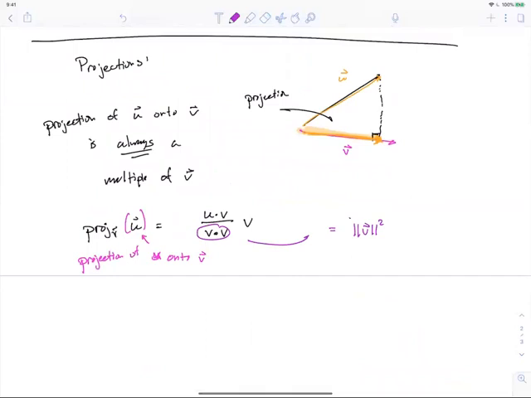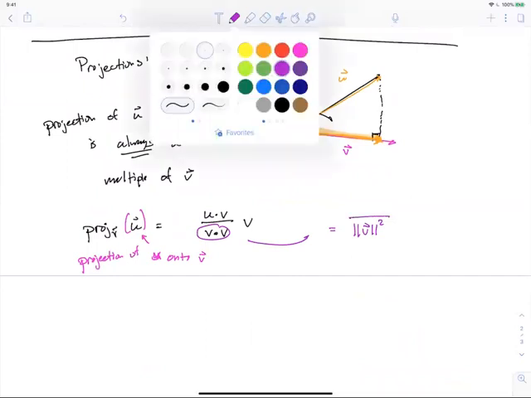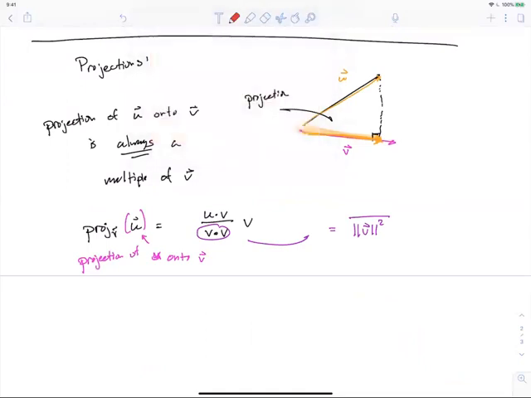And perhaps another strange thing is we're going to write this top part differently. We're going to write it the other way around. So this part right here is equal to v dot u. So we're going to write this as v transpose u.